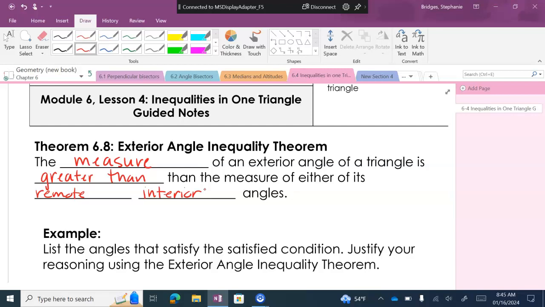This measure is always going to be bigger than this one and that one, okay? Because it takes this one plus that to equal that. Everybody okay with that? Kind of, sort of.